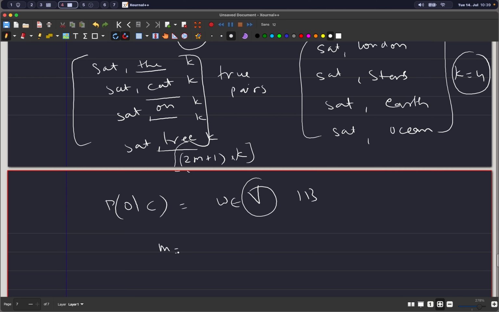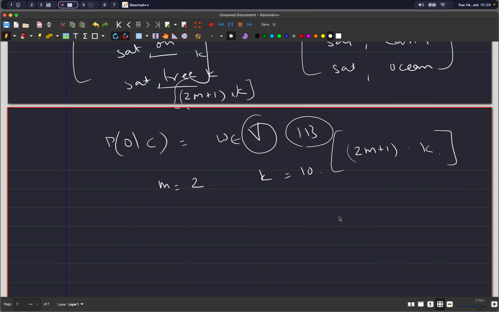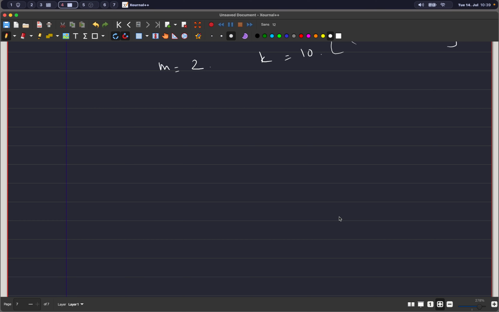But instead, if you have, let's say, a window size of 2 and k equals 10, each time you calculate the objective function based on negative sampling, you are just looking at 2m plus 1 pairs and also sampling k vectors each time. So this number is much, much smaller than a billion. This reduces the time taken to train our model by a factor of maybe hundreds or thousands. So just to summarize the idea, we take k negative samples, which are fake pairs.